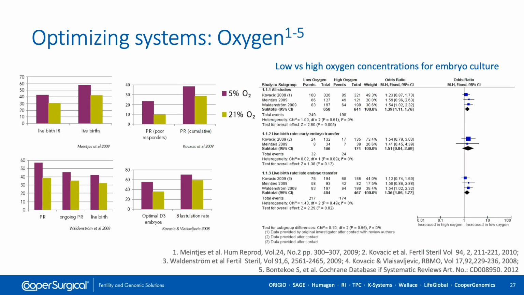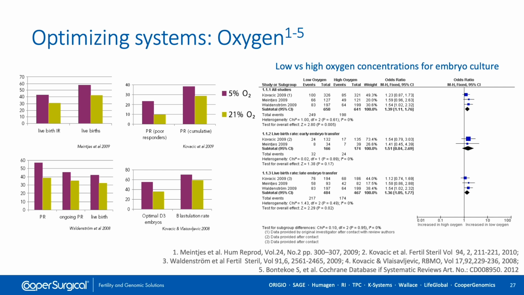And again, if you look at all of the outcomes relating to live births, pregnancy rates, blastulation rates, etc., they're all superior when you culture embryos in low oxygen tension, so 5% oxygen as opposed to atmospheric 21%. So ideally, if you can, culture your embryos in low oxygen to give the best quality embryos, the best implantation rates for your patients, and the best chance of success going forward.